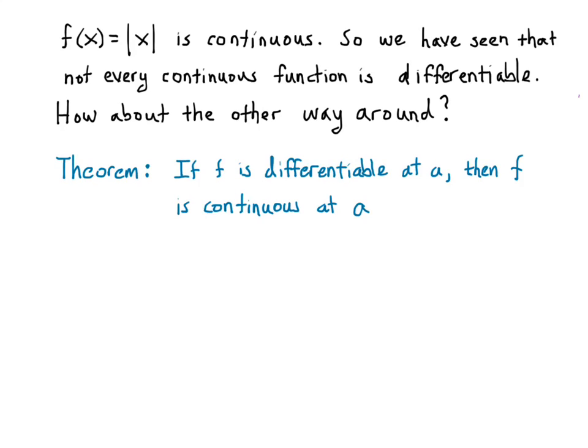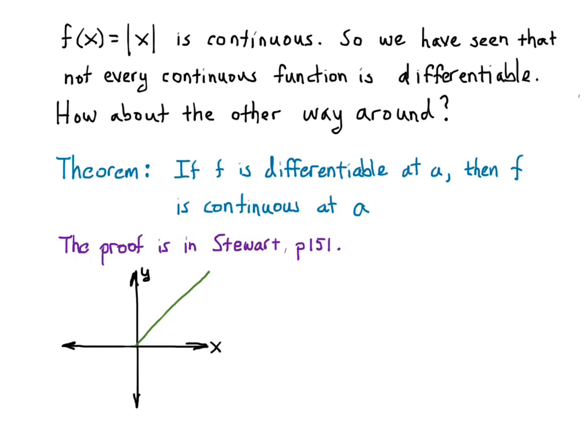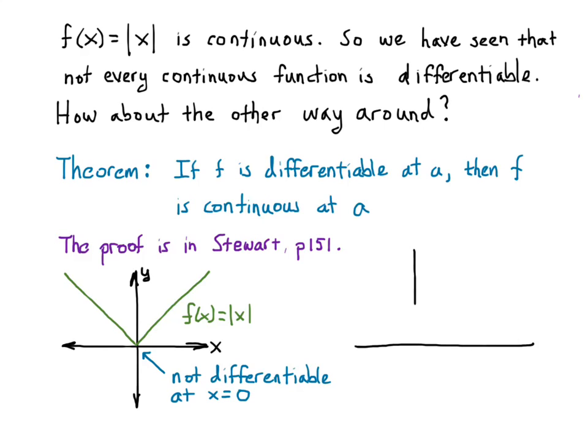Now, the best way that I can describe why that's true, and here I give you the page number of where it is in the book, is that if you look at this function, we saw that this is not differentiable there, but if I take any other function, the fact that I'm saying it's differentiable means that I have a tangent at that point, right?